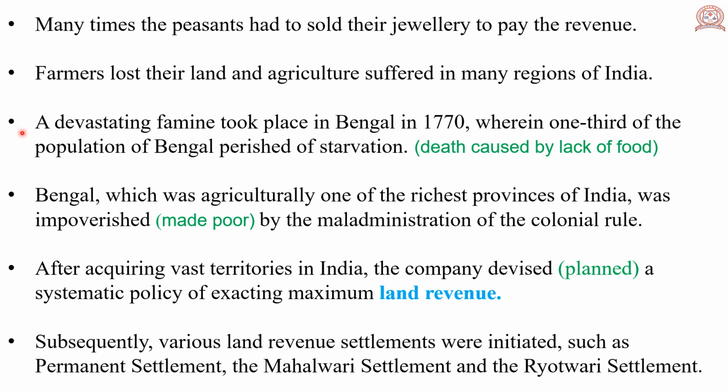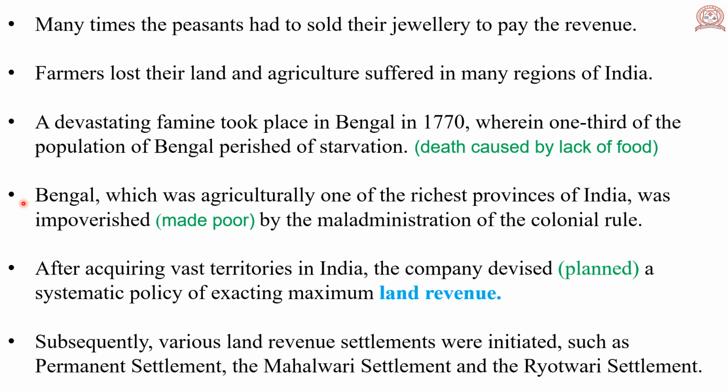A devastating famine took place in Bengal in 1770, wherein one-third of the population of Bengal perished of starvation. In 1770, a famine took place in Bengal, wherein one-third of the people of Bengal died because of the lack of food.